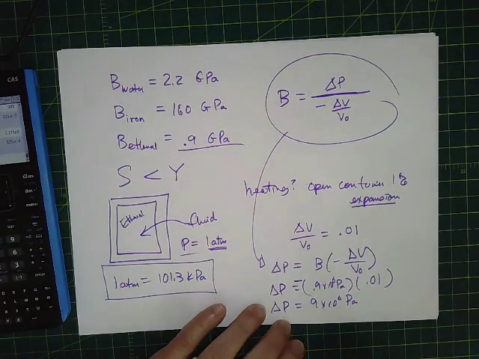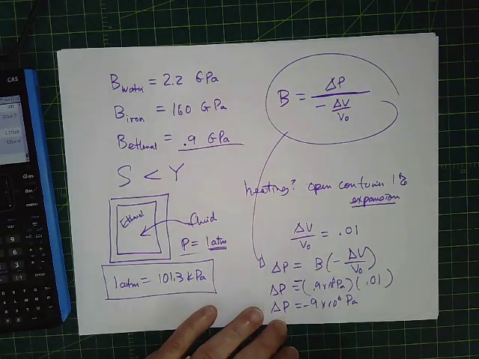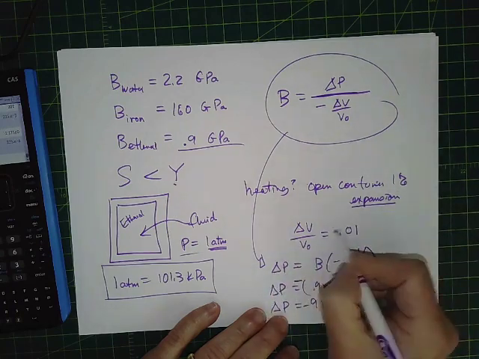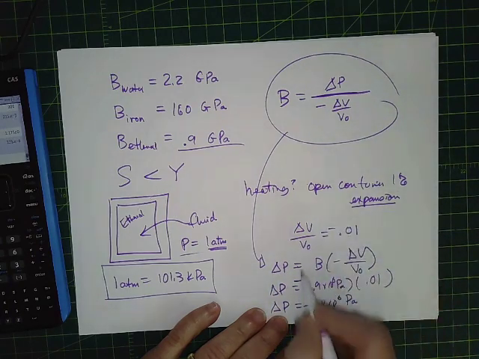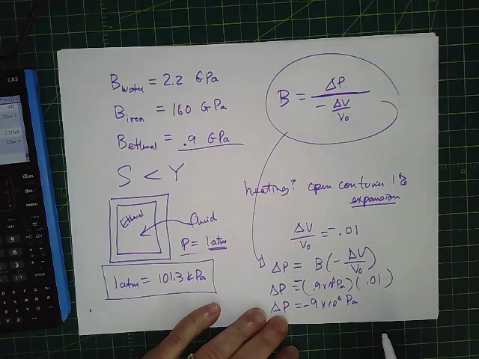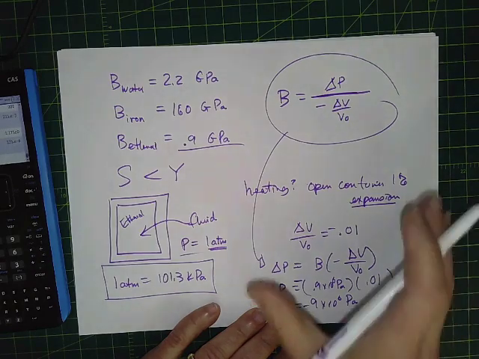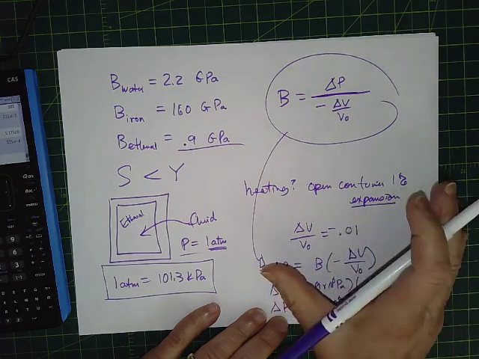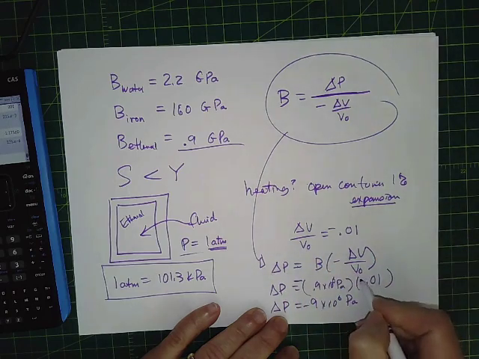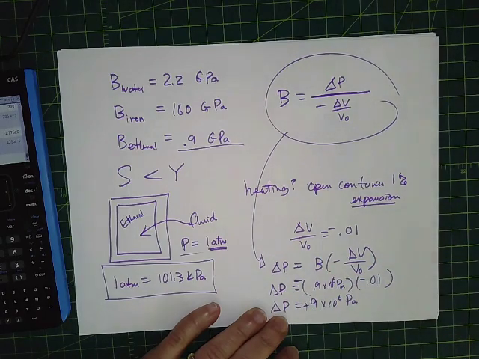Okay, delta V over V, we're going to get the negatives to go away. Actually, it was shrinking. It wants to be 1% bigger, but we're holding it in, so it's got like a 1% shrinking anyway, so we end up with a negative, and two negatives make a positive.